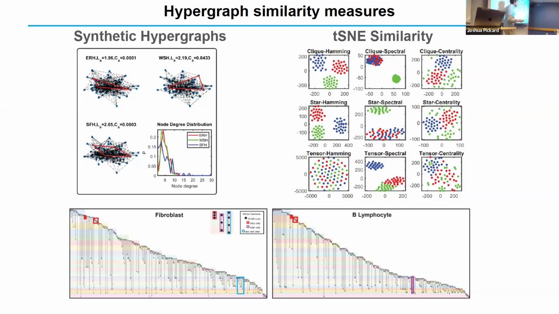The star expansion, in my mind, is preferable for the tensor representation because even though we can store these tensors very sparsely, computing spectral measures on these tensors with a large number of vertices or high order is a little bit expensive. Yeah, we can talk about it.